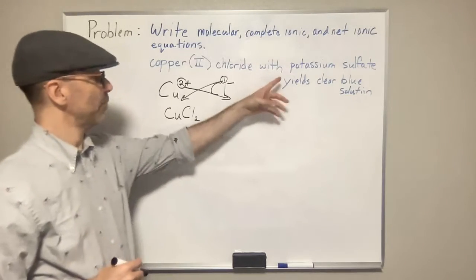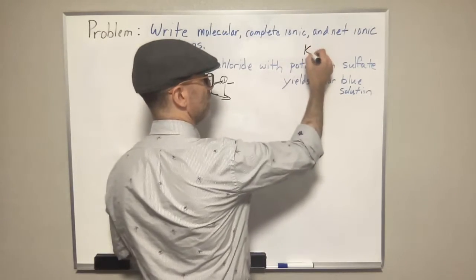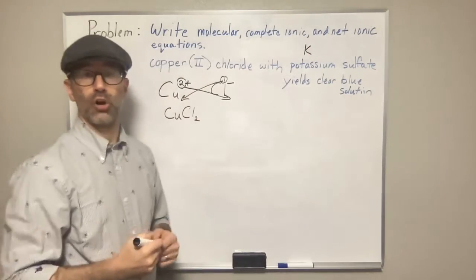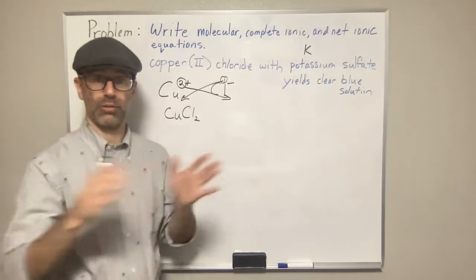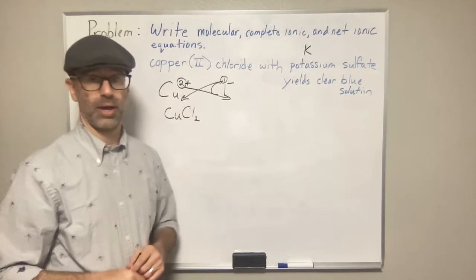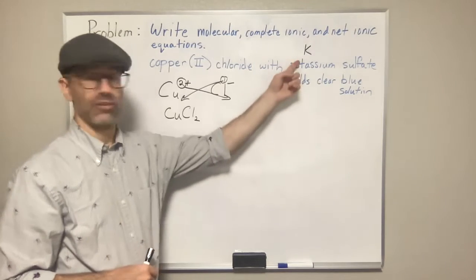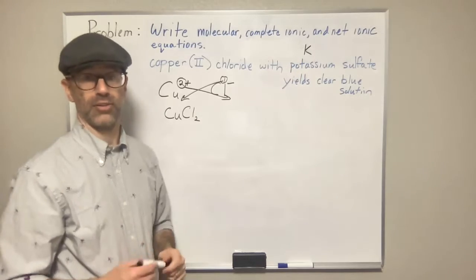I do the exact same thing with potassium sulfate. Potassium is K. It's in group 1. For groups 1A through 3A, the group number is the same as the positive charge. Since potassium is in group 1, it has a +1 charge.